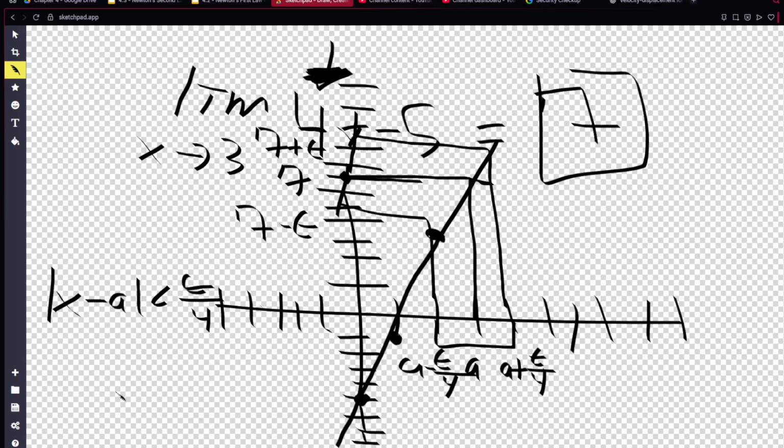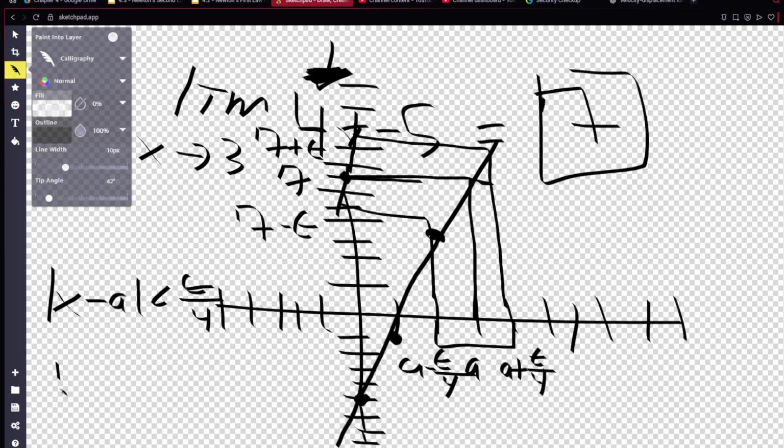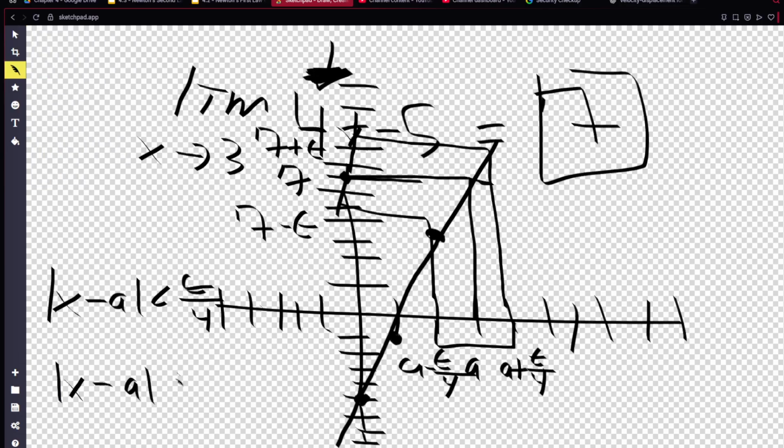So it's kind of like if x is less than 5, then x is less than 3 is also true. Because if x is less than 5, then x is less than 3 is also true. So technically we can make the epsilon resistance value as small as we want. We could do x minus a is less than epsilon over 8, and it would still be true because all it does is squeeze the x value straight down.